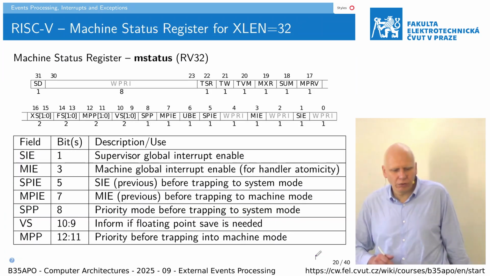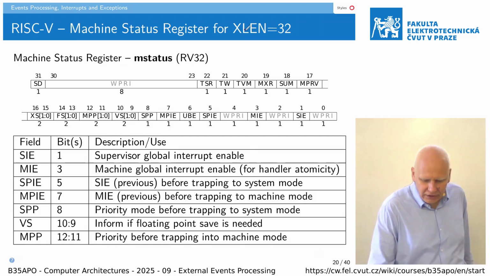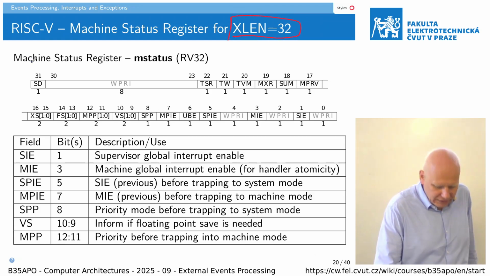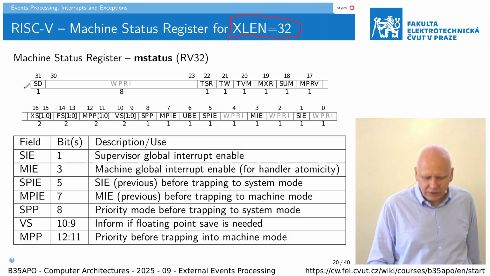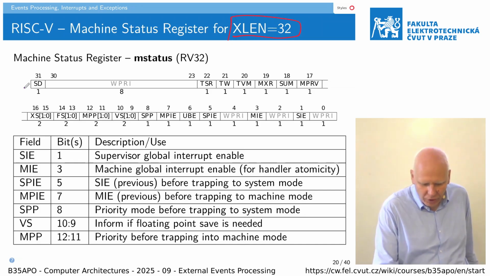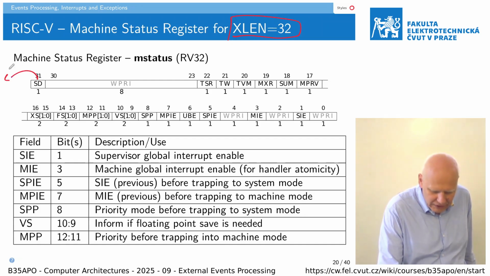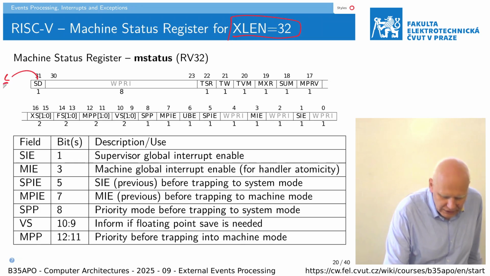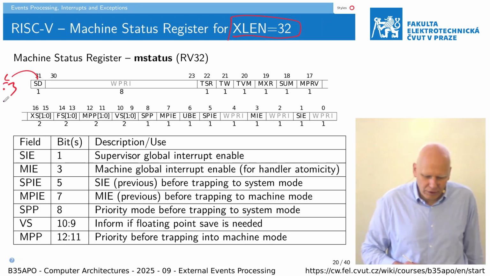Okay, if we go to the status register, in the case that we have a 32-bit processor, it has 32 bits. In the case of 64-bit, it is 64 bits, and this bit is then mapped to bit 63 for XLEN 64.